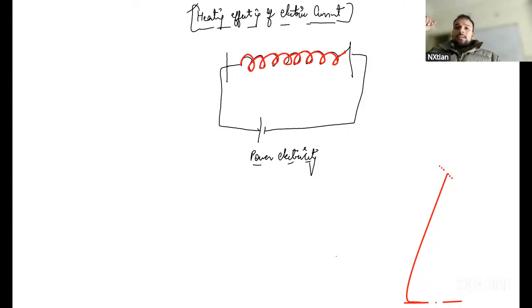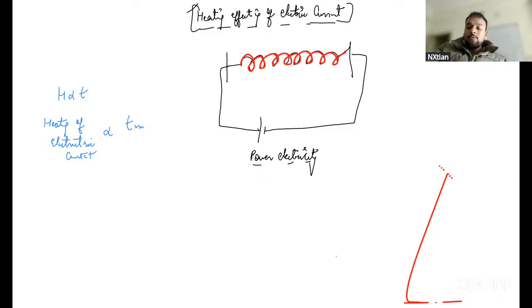Did you understand? The heating increases with time also. So heating of electric current depends on time also, and it is directly proportional to time.